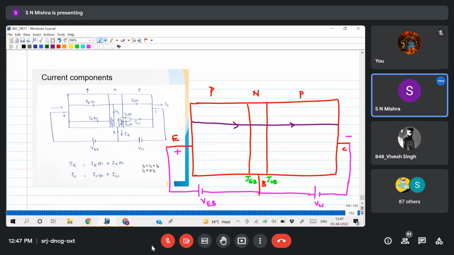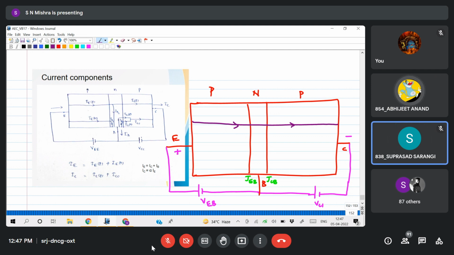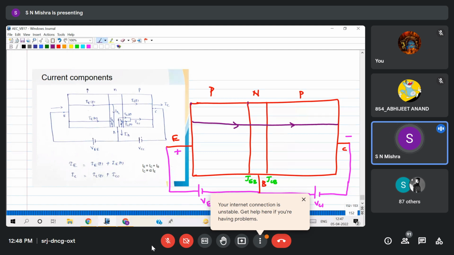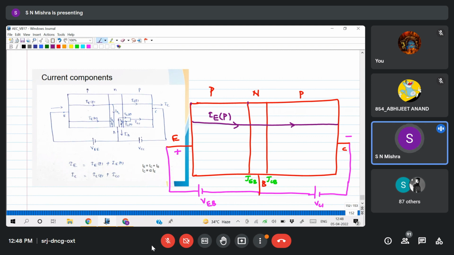Hole movement and current movement are the same direction, left to right. So the area where the emitter is present, from here to here, I am considering this as the emitter current due to holes, and I have represented it here as IEP.